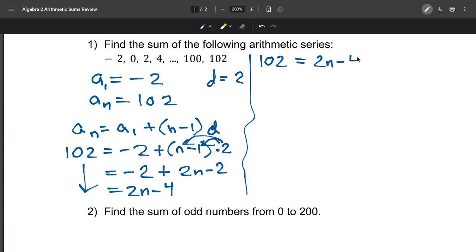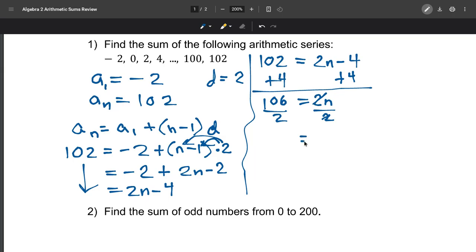I'm going to add 4 to both sides, and I get 106 equals 2n. I'll divide both sides by 2, and the 2's cancel here.